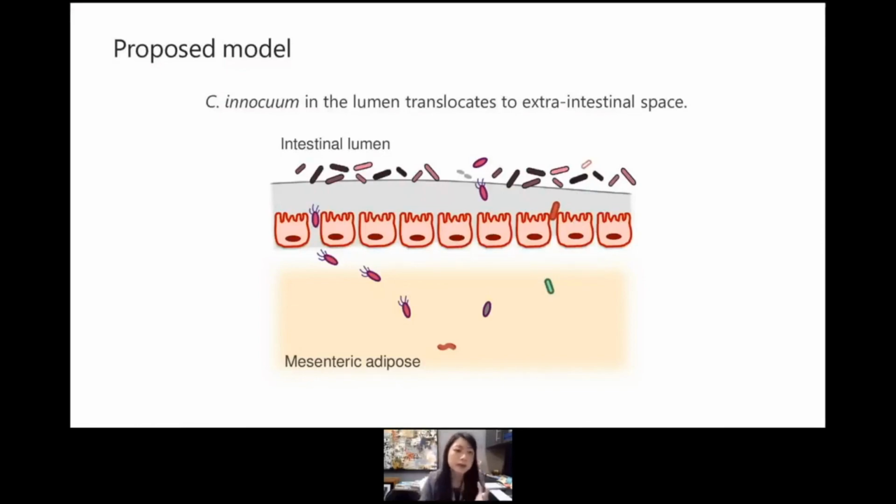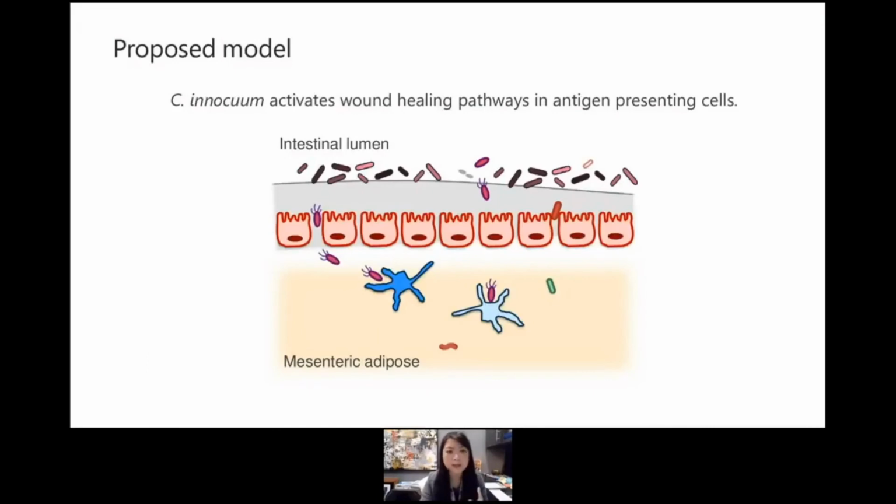So we found that C. inoculum can translocate from the intestinal lumen to the mesenteric fat tissue. And in this mesenteric fat tissue compartment, there are macrophages. And we think that C. inoculum specifically polarizes this macrophage to an M2 state, which is very common when there is a wound healing response.